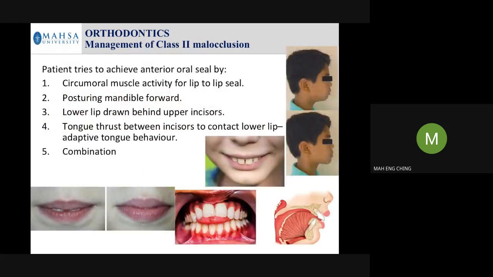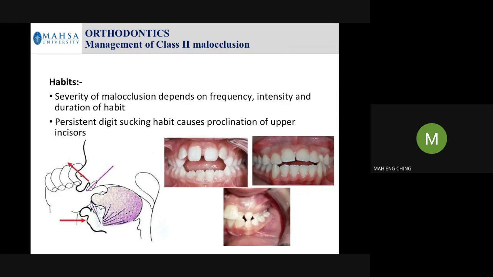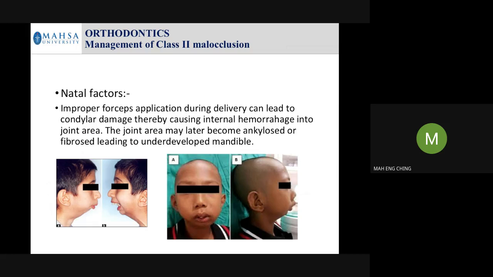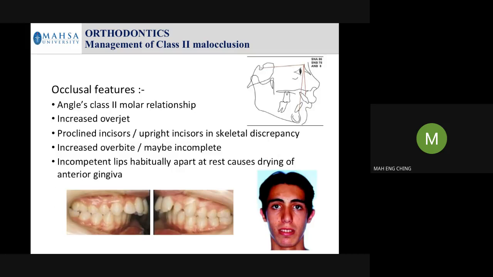It can be due to thumb sucking. Again, thumb sucking pushes the upper incisors forward and the lower incisors backward, creating what we call a class 2 division 1 with anterior open bite. It can also be due to trauma to the TMJ, causing poor development of the mandible, and that's why the mandible is short.